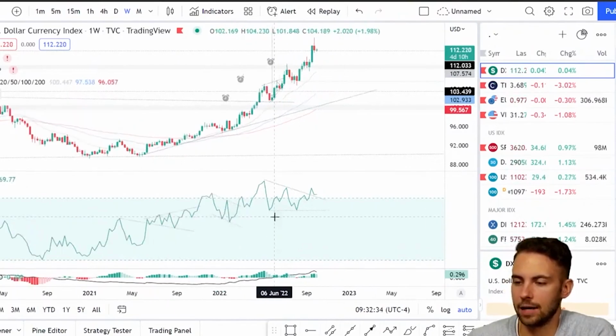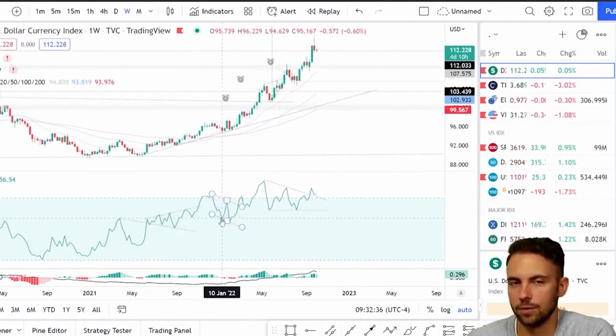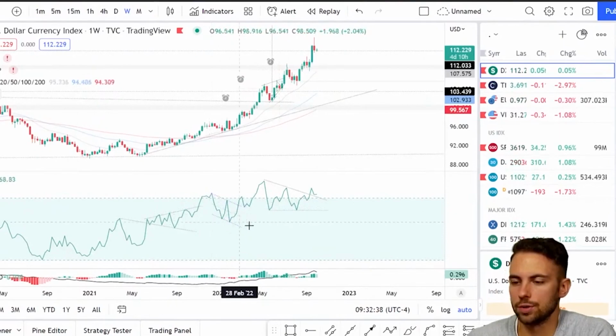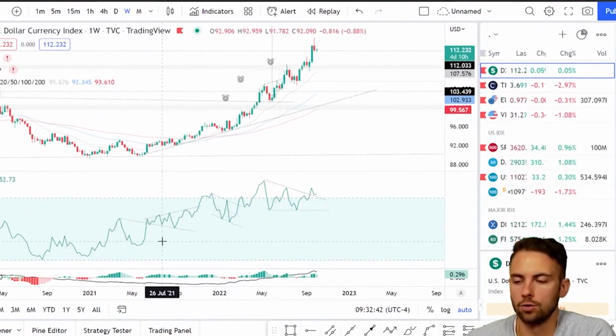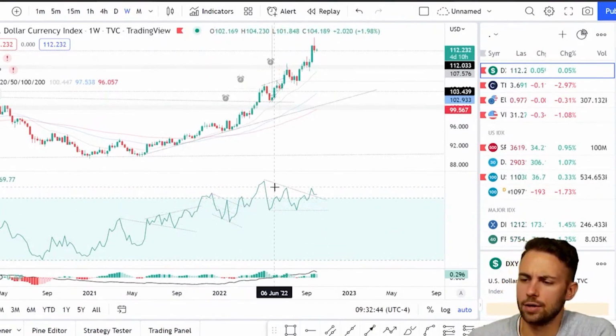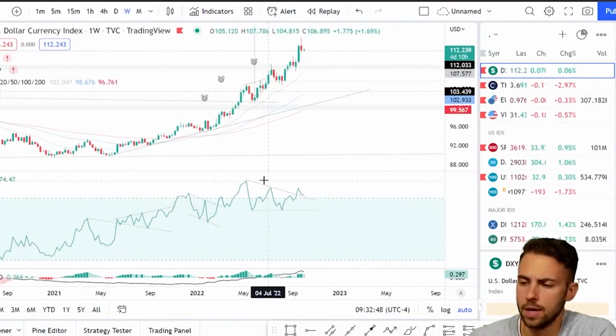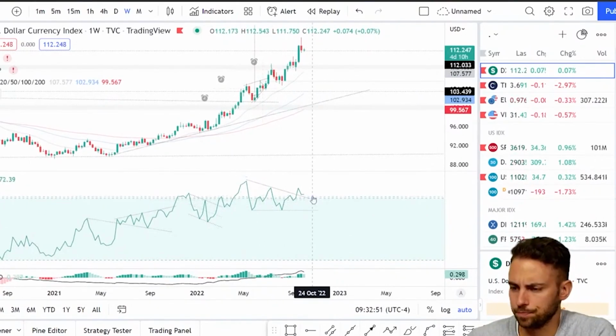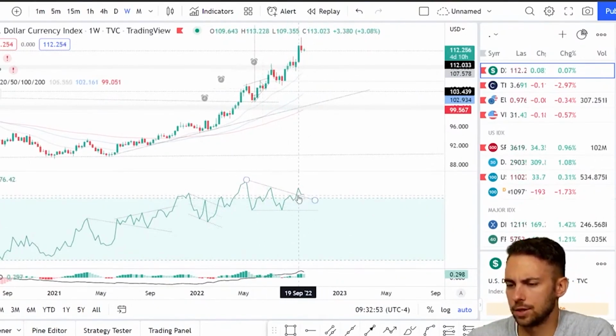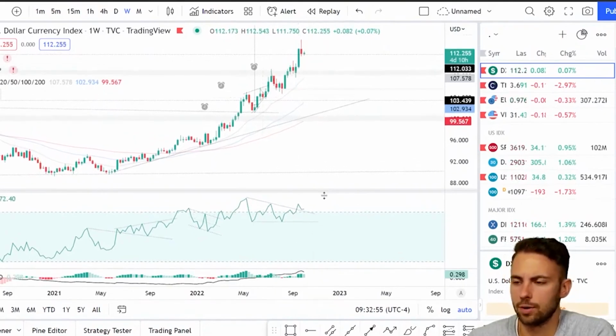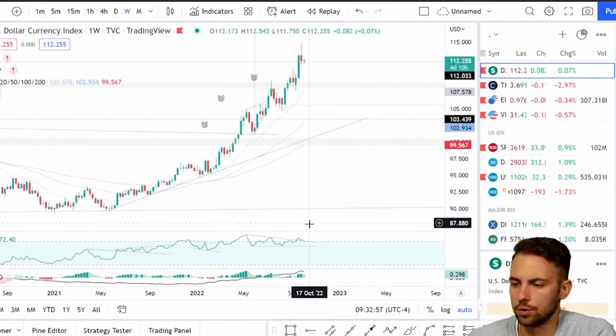Here we have had a channel pattern. This one was a descending channel that broke out to the upside. Also, that was a pennant, and this is another bullish formation. This is a triangle. With a break to the upside, usually we expect another move forward.